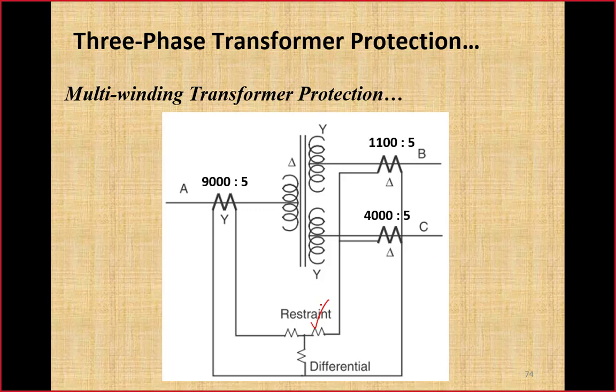If source is behind more than one winding, means source is behind either two windings or all the three windings, that is part of interconnected system, then this type of connection is not possible. There is a huge problem here. What could be that problem? Let's assume we had source behind these two windings like this.